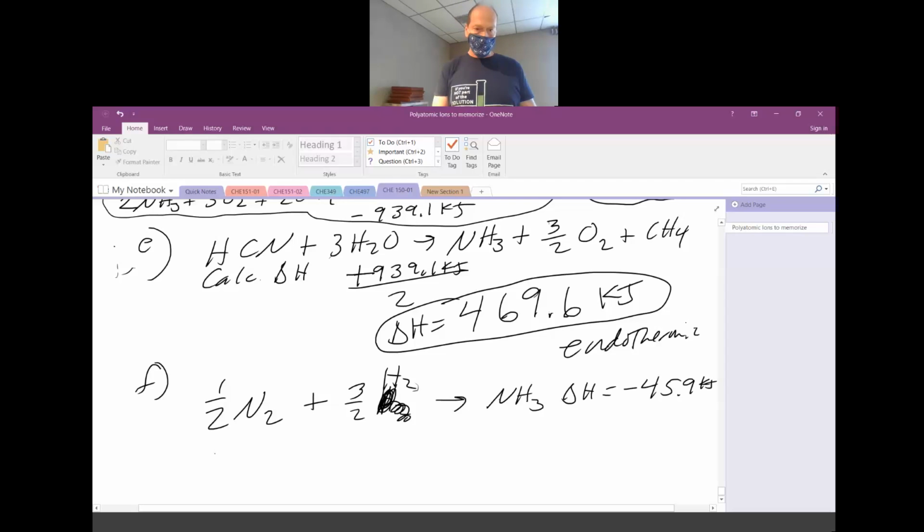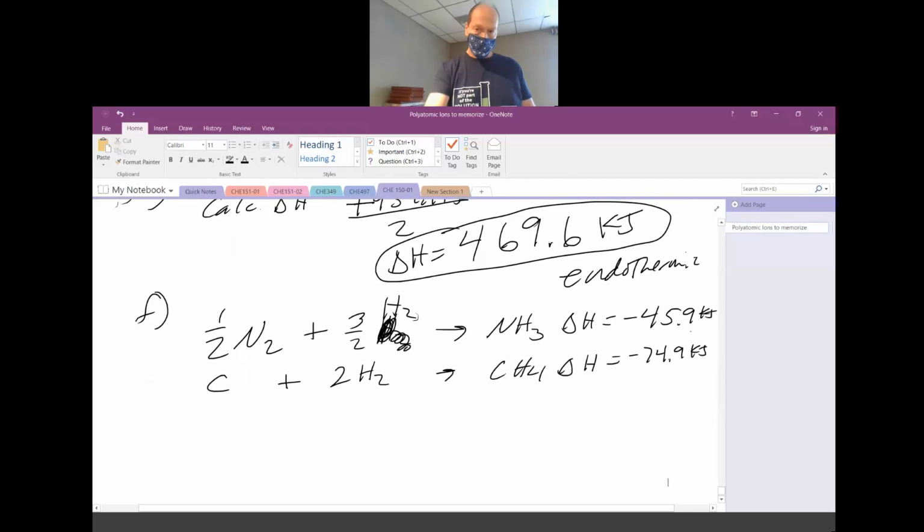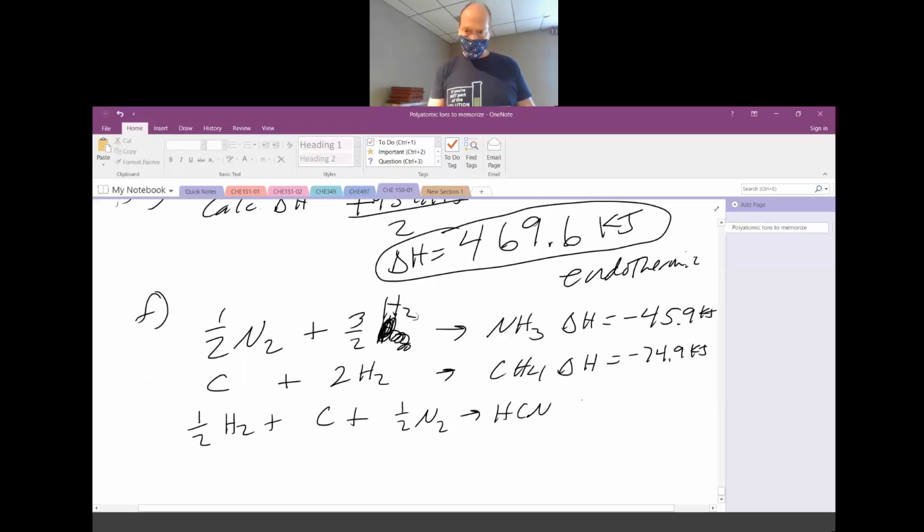When we take carbon, solid graphite, plus 2H2, I get CH4. Delta H for this is negative 74.9. When I have 1/2 H2 plus carbon plus 1/2 N2, I get HCN with a delta H value equal to 135.2 kilojoules.